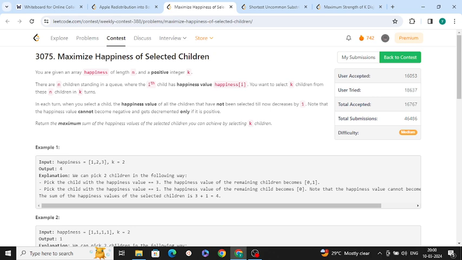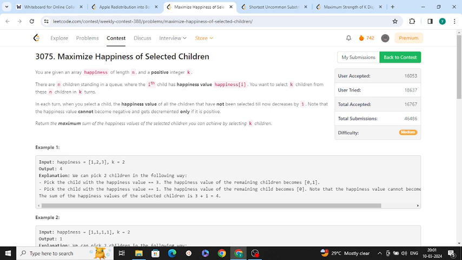Let's discuss the second problem, which is Maximum Happiness of Selected Children. Here we are given an array happiness of length n and a positive integer k. There are n children standing in a queue, where the ith child has a happiness value of happiness[i]. We want to select k children from these n children in k turns. In each turn, when we select a child, the happiness value of all the remaining children that we haven't selected decreases by 1.